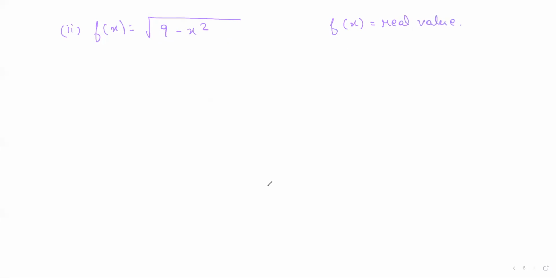If you consider values on the number line, what happens when you place the x value as 0? If x is equal to 0, f of x is positive. When will f of x be negative? F of x will be negative when root of 9 minus x square is the root of a negative value.